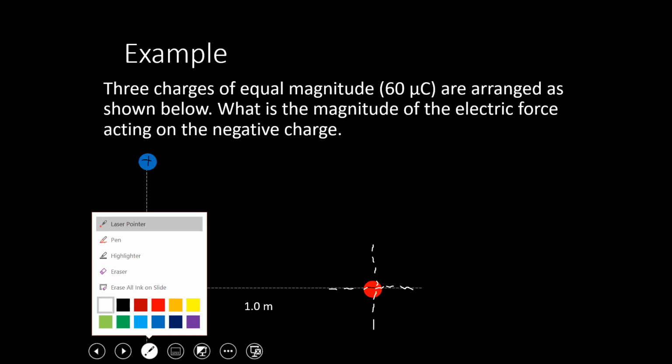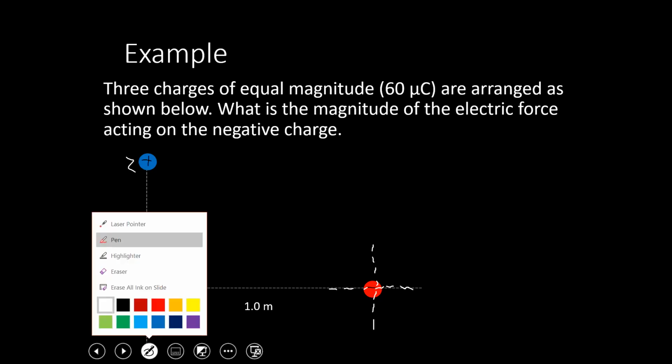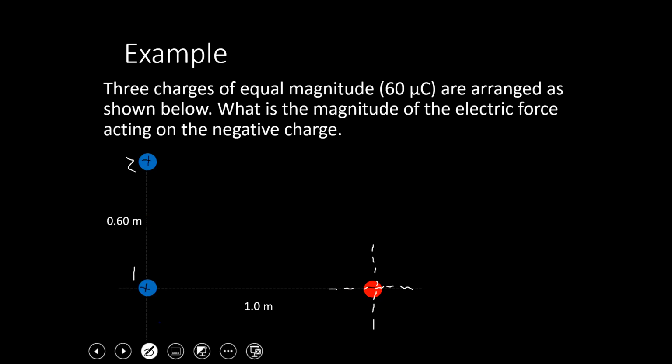Let me number this. I'll call this charge 1 here and call this charge 2. And if I do that, then I'm going to draw my forces. I have an attractive force towards 1. So I'll call it F1. And then we have an attractive force towards 2. Now, for that attractive force, the direction is going to be really important.